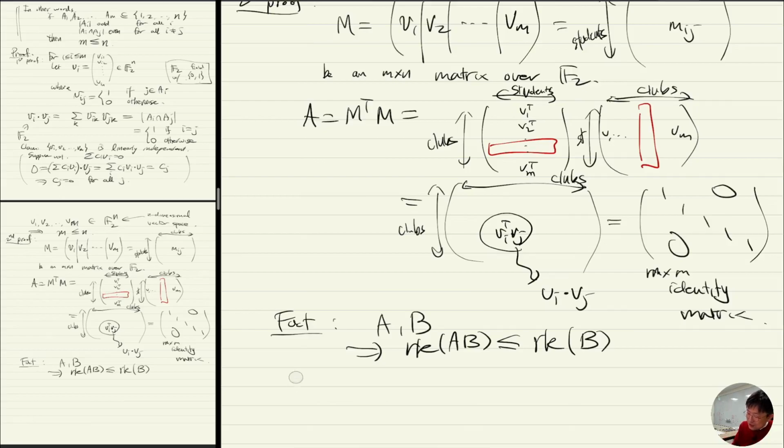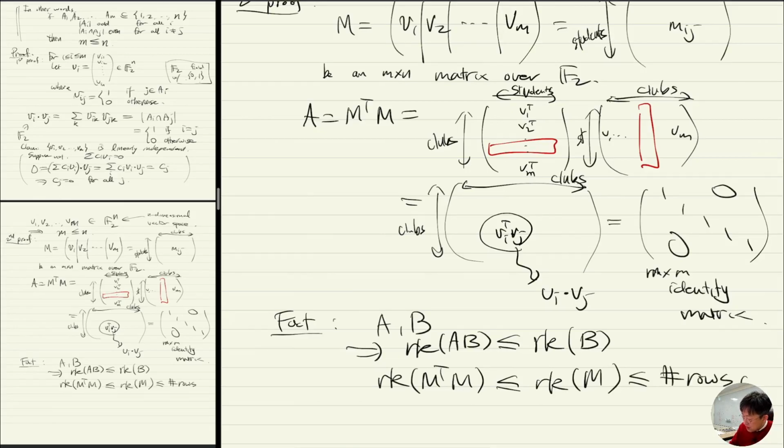So let's apply this. Rank of M transpose M is less than or equal to rank of M, right? Rank of M is less than or equal to the number of rows of M. No, the number of rows is the number of students, it's n. And this is the identity matrix, so this is m. So that means m is less than or equal to n.